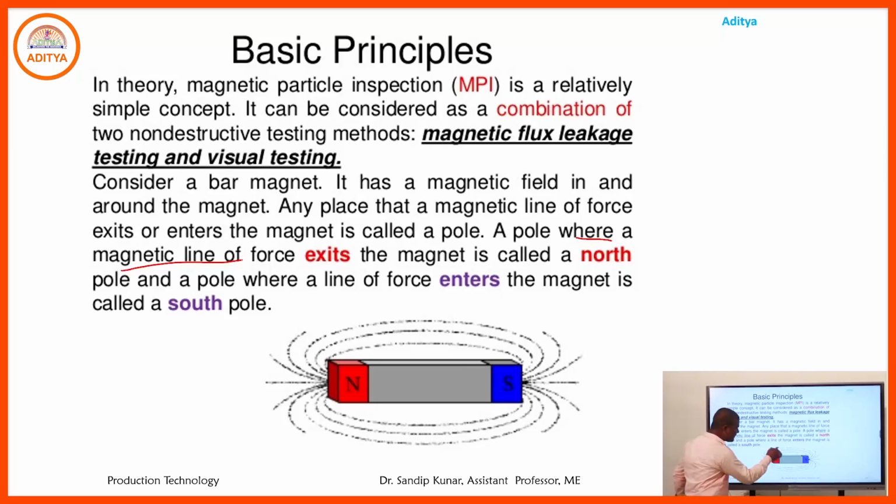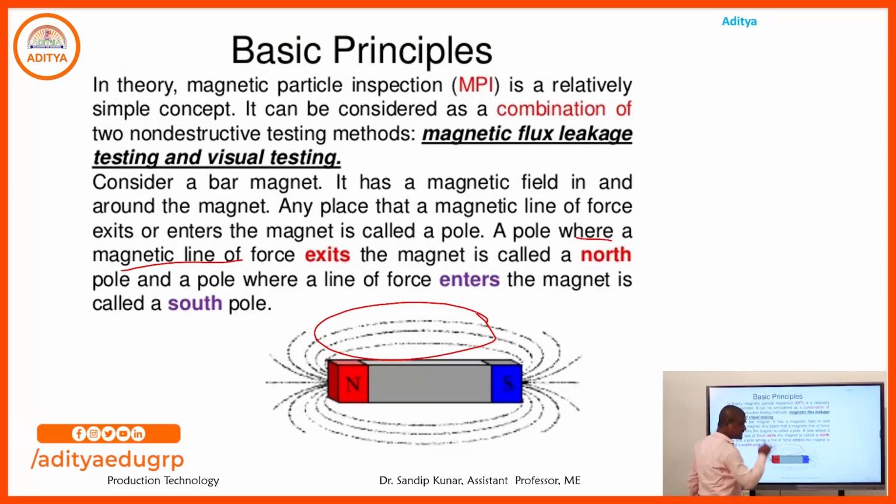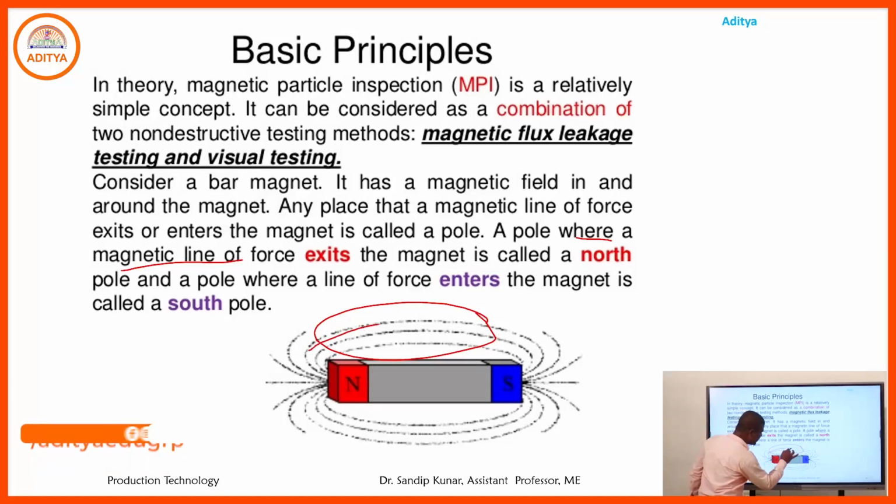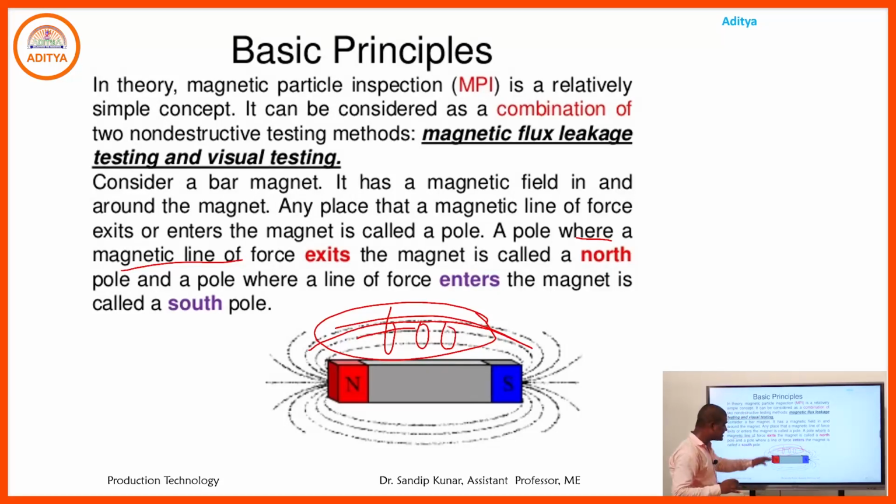So when we apply this process to welding joints, when the magnetic lines pass through and some flaws or defects are present in the weld joint, the magnetic lines will be deflected, and this can be shown on a digital device.